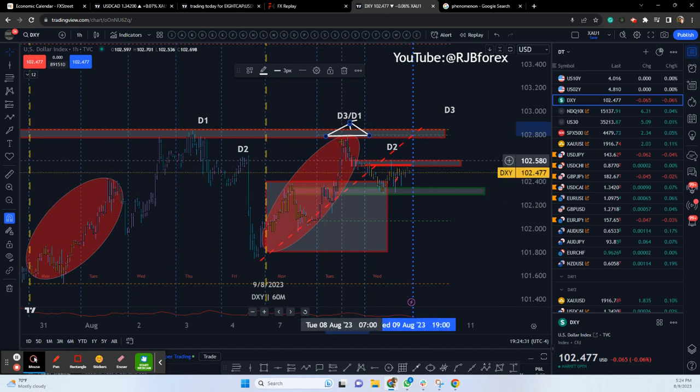So markets either break out, pull back and continue, or they break out, pull back, and potentially reverse. Now, because we've broken out and pulled back and established a day one count, the higher probability is the reversal. So breakout, pull back, and reverse.